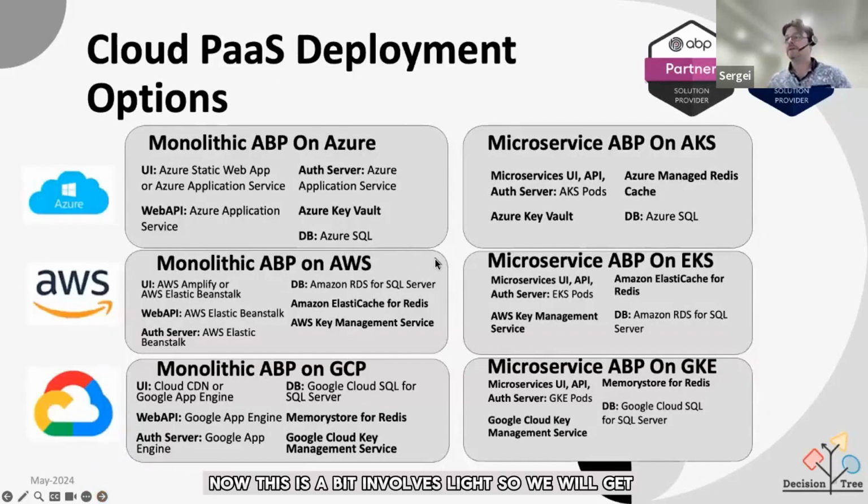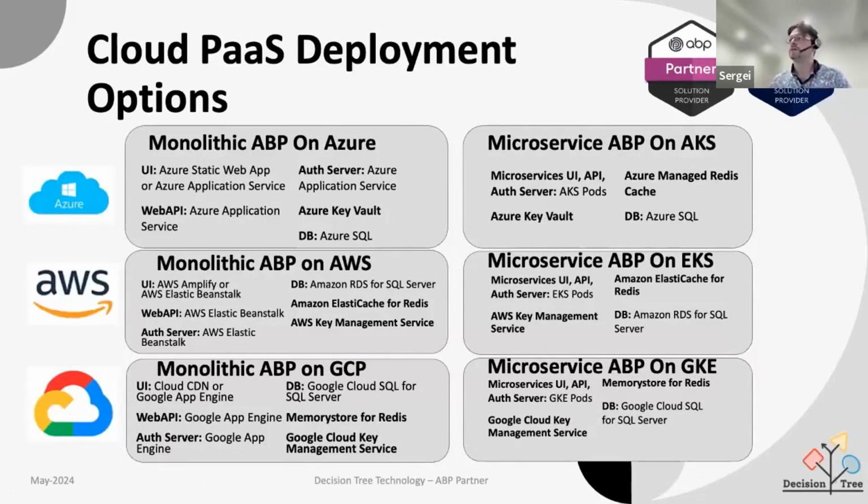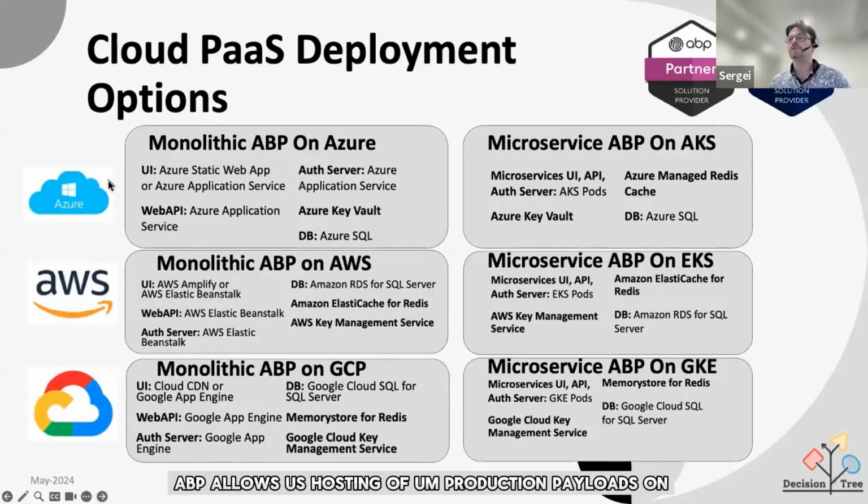Now, this is a bit involved slide, so we will get through it step by step. As I mentioned before, ABP allows hosting of production payloads on Azure, AWS, and Google Cloud as well.